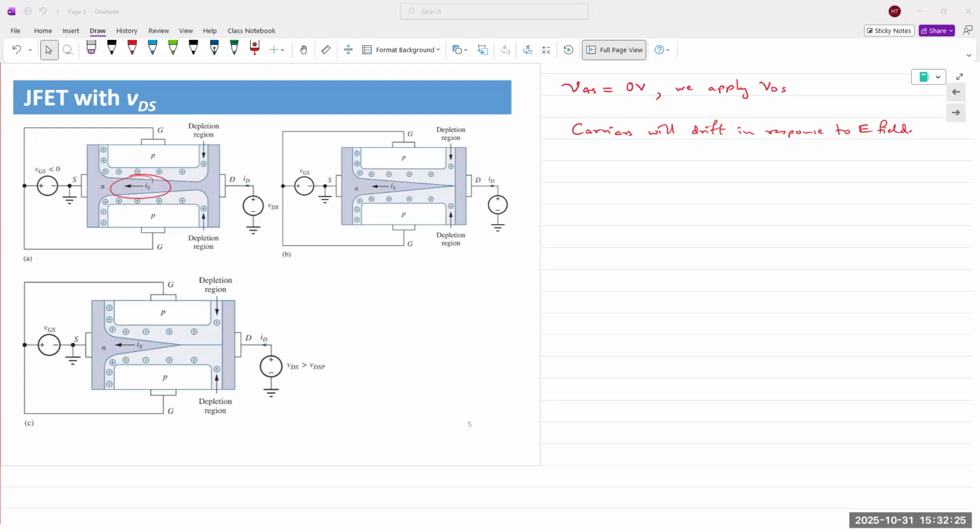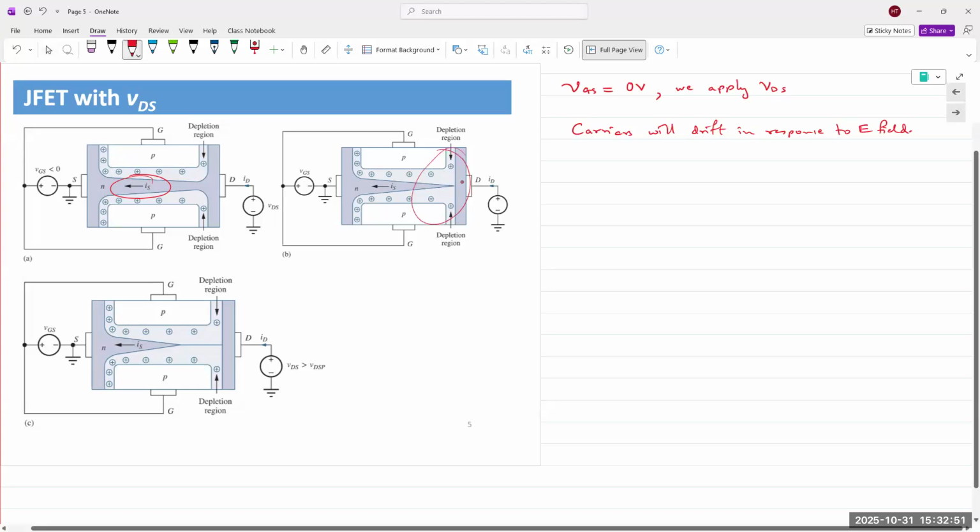What kind of channel do we have? N channel. And what kind of voltage are we applying at the drain? So it's a reverse bias. And because it is reverse bias, what happens to the depletion region? At the drain end, the depletion region is expanding. And that's what's shown here.